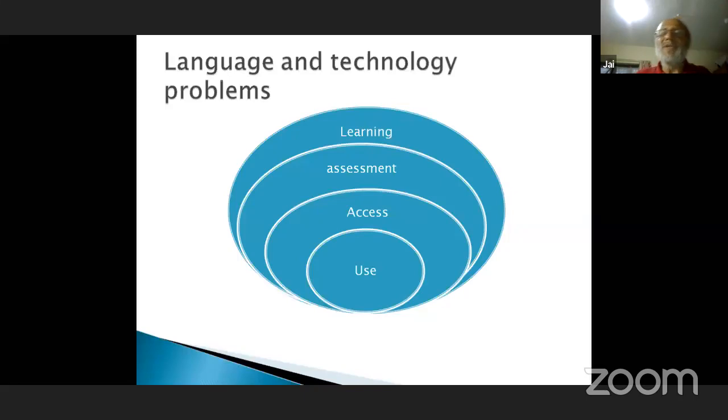The first one is the learning of technology by the teachers themselves. And then, the use of technology by the students, and then taking technology for assessment, and also access. This is a vital thing, because we have got the problem of digital literacy and the problem of access.